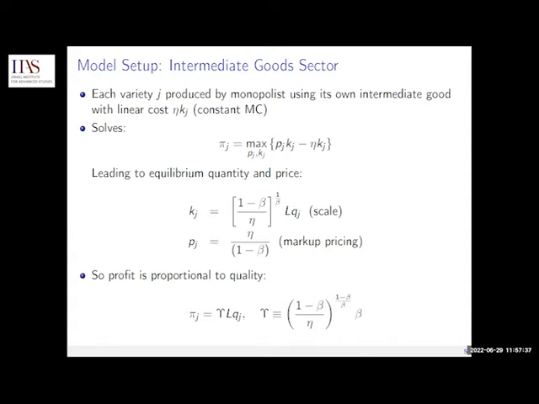Beta is playing the role as the elasticity of substitution, which is determining the markup. So what this is going to lead to is profit of the monopolist being essentially proportional to the quality of that intermediate good. And so this proportionality is going to end up being very useful. Of course, market size here is also going to play a key role.